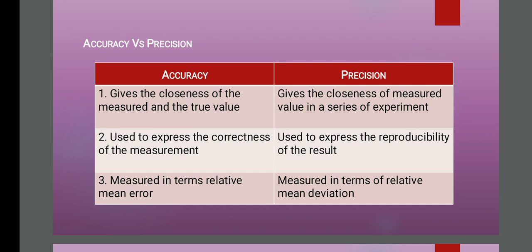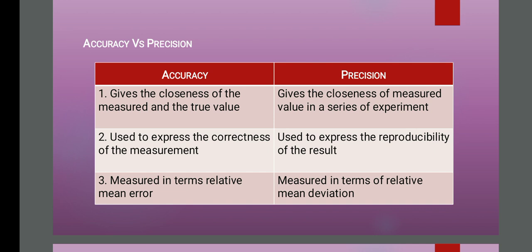For example, if you do a titration, the actual value is found to be 90. You are doing so many titrations, and you are getting the values 89.4, 89.5 and 89.6.